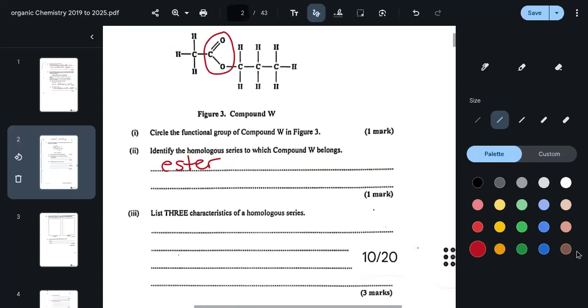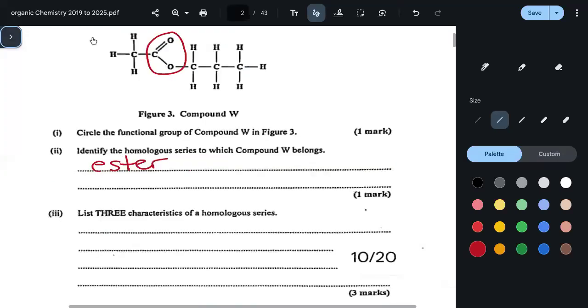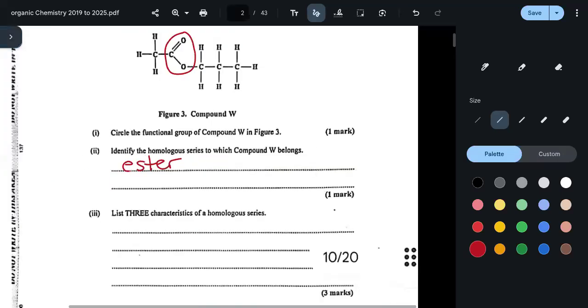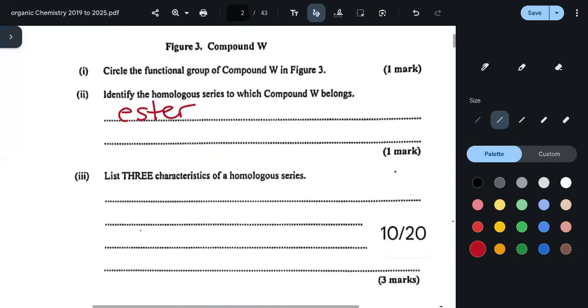So just remind me again of the characteristics of a homologous series. Sir, you have members, the same general formula, similar chemical properties. All right, just a second.